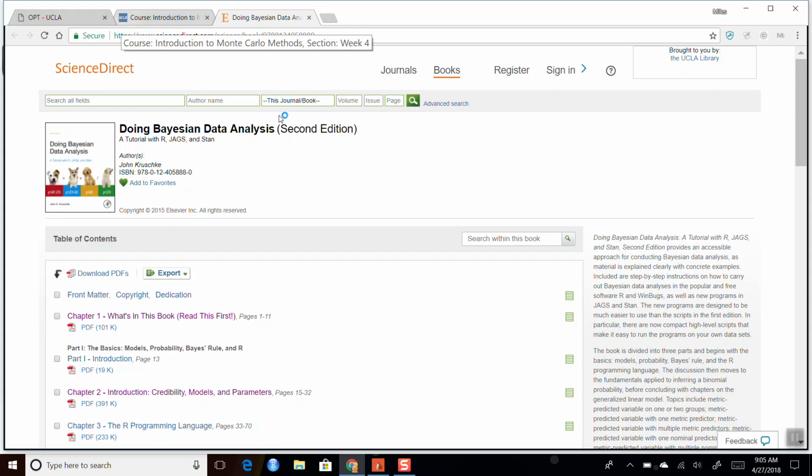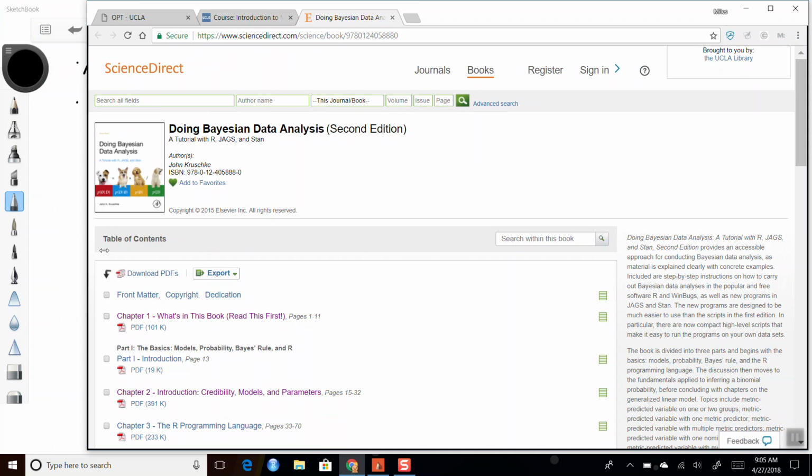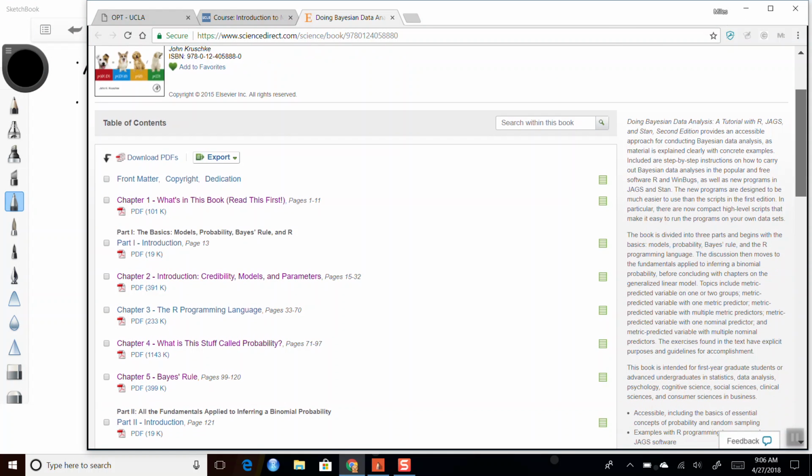I don't want to say free because you guys paid a lot of money to be here at this school, but one of the benefits of going to UCLA is that you get access to UCLA's library, in which this Doing Bayesian Data Analysis textbook is available. And of course, if you want to spend the money and have a hard copy book, you can spend the money. But I don't even put requisitions in the bookstore because, in my experience, 0 people buy the textbook. I don't know. But anyway, it's got puppies on the cover. It's great.